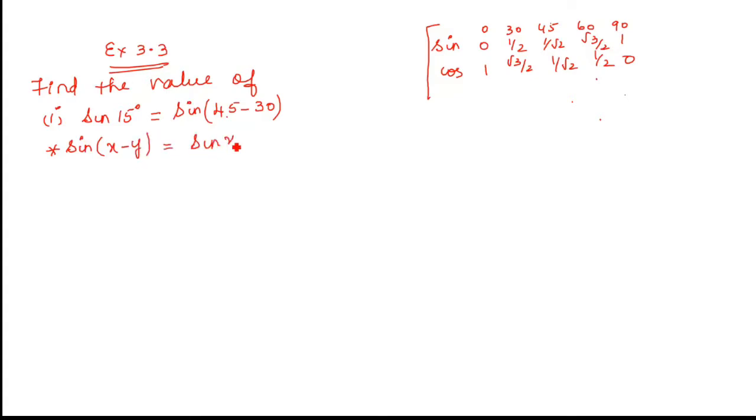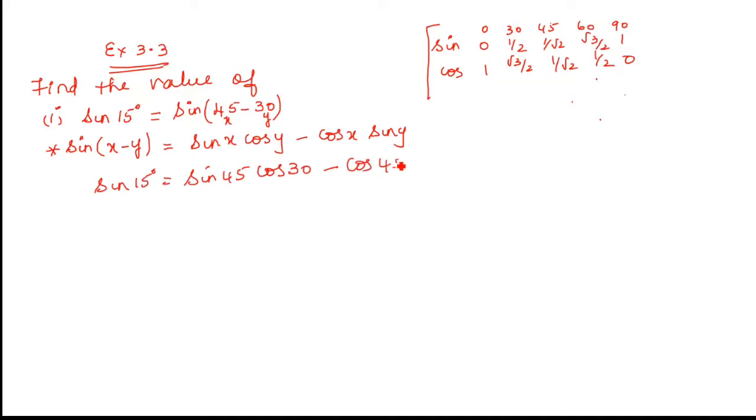Sine x cos y minus cos x sine y. So therefore this 45 is your x, 30 is your y. So sine 15 is equal to sine 45 cos 30 minus cos 45 sine 30.